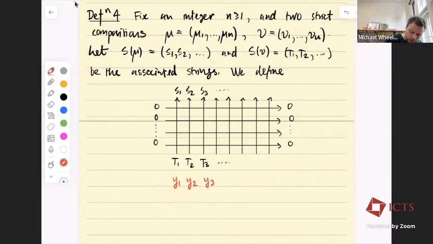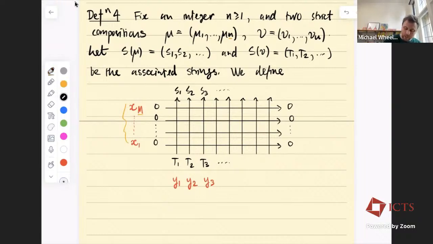But something changes here as well, which is that the number of horizontal parameters that I have is now going to be written as capital M. And I do that to indicate that this number of rows that you have here is absolutely not related now to the number of parts that the composition has. So you could take something like 100 rows or however many you want, whereas n could remain very small.